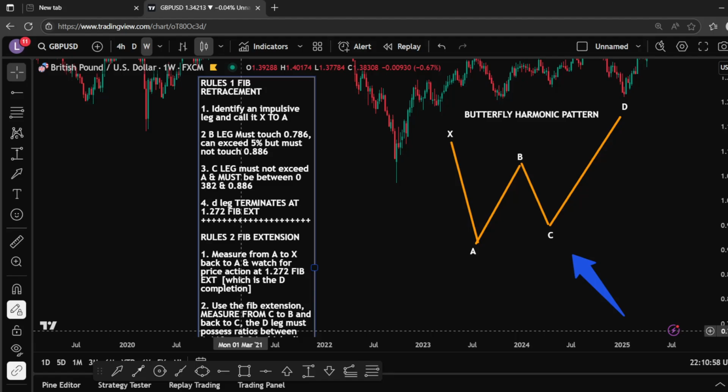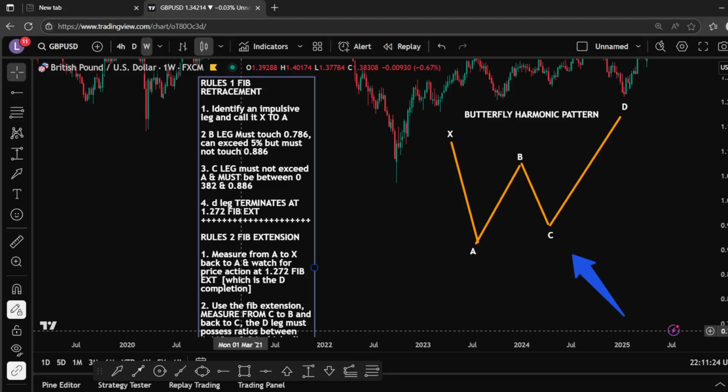The difference between butterfly and the rest of the harmonic patterns is that the B leg is at precise 0.786 FIB retracement. The other patterns are either 0.382 or 0.5 or 0.618.